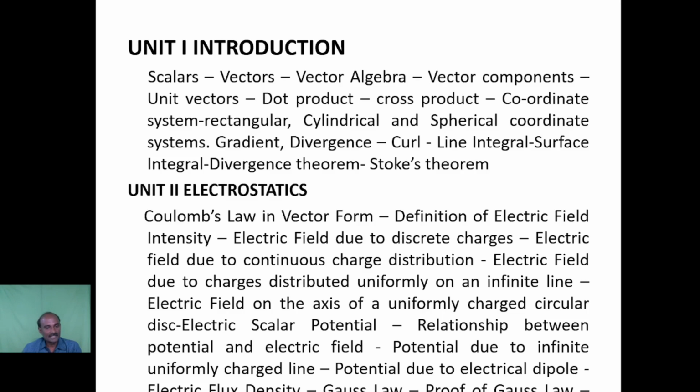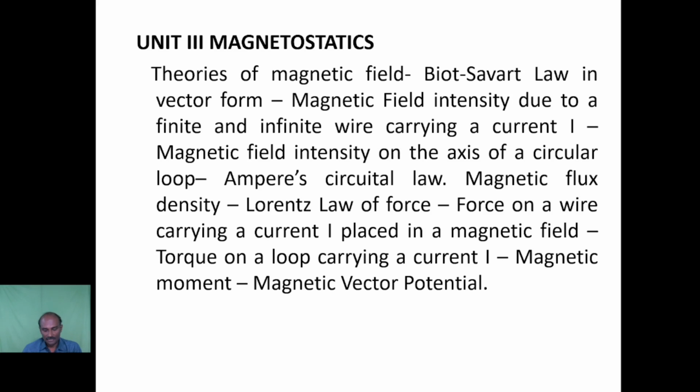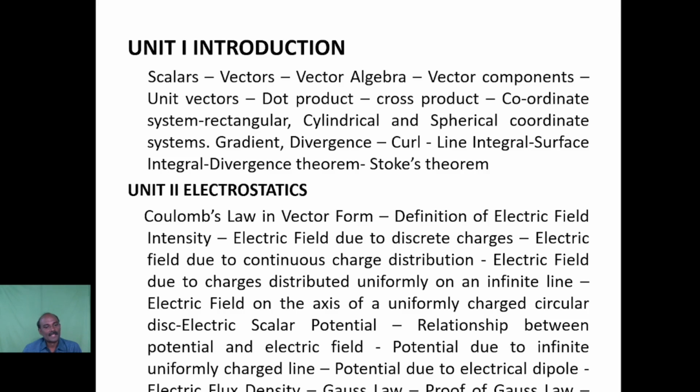Here we can find the electric field intensity, and also we have the potential due to the charge, and finding potential at any point due to line charge or circular charge. We can identify the potential also. So second unit deals with electrostatics.